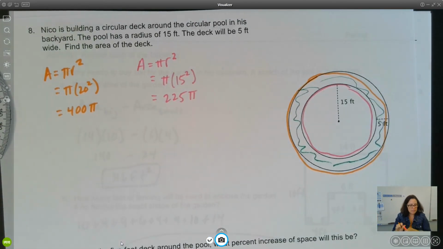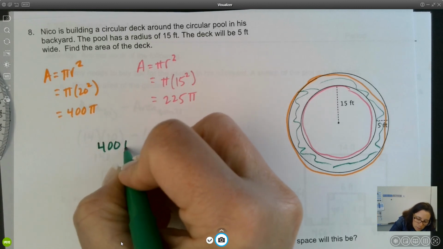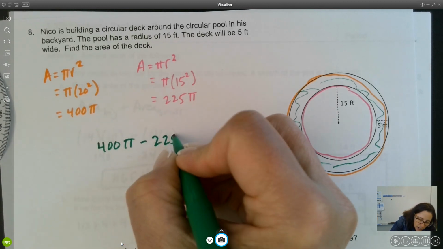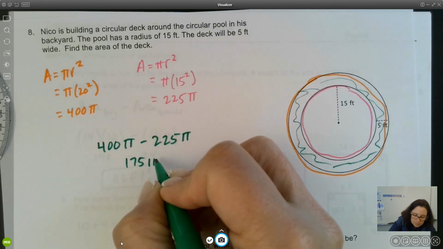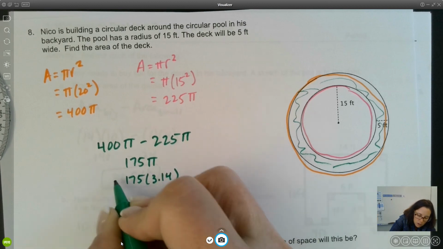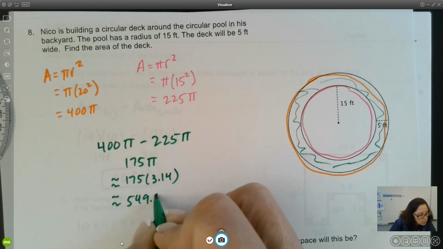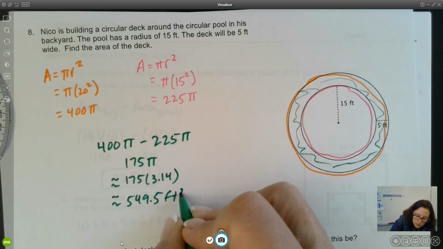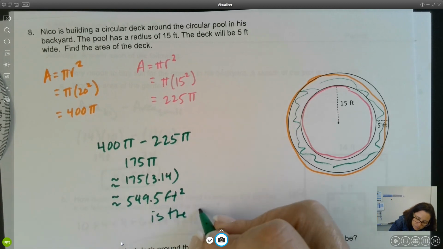I purposefully left them with pi's because that'll be more accurate. 400 pi minus 225 pi gets us 175 pi. If we multiply that by 3.14, that comes out to be 549.5 feet squared, the area of the deck.